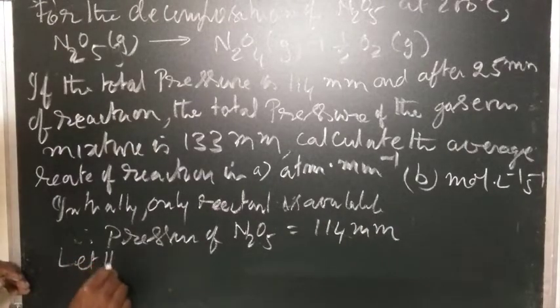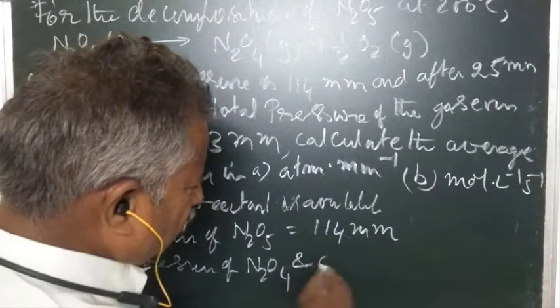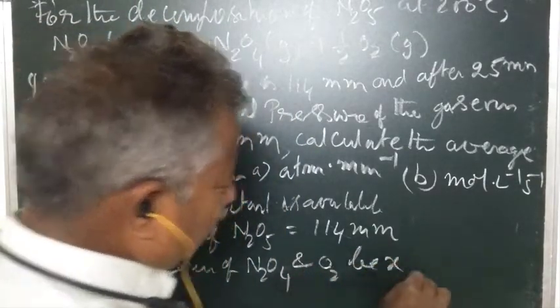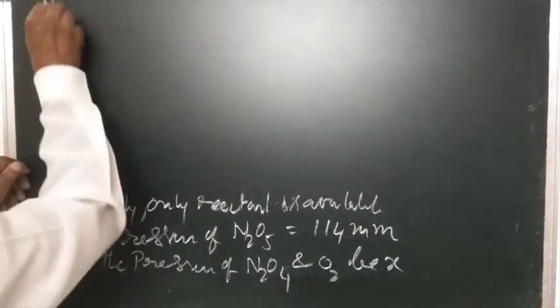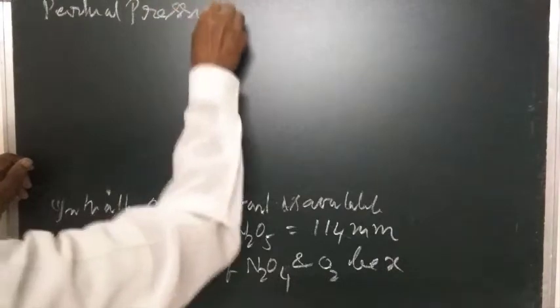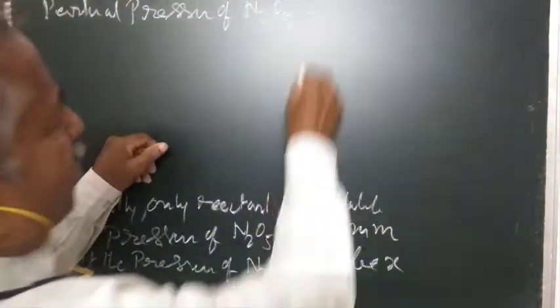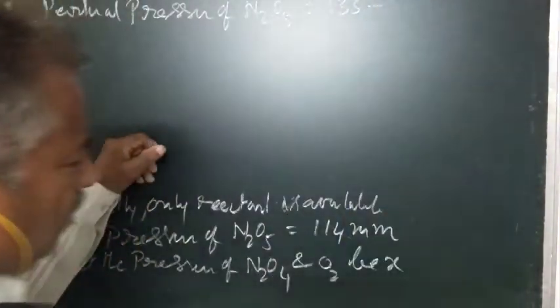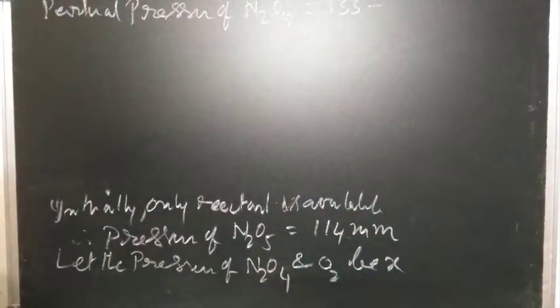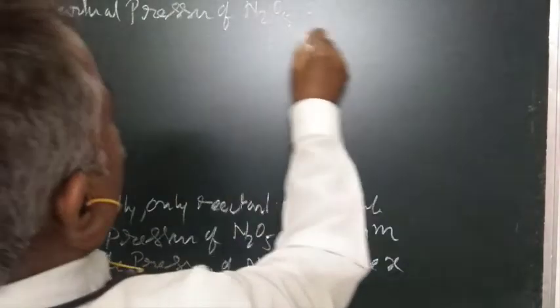Now, let the pressure of N2O4 and O2 be X. Therefore, partial pressure of N2O5 equal to, total pressure is 133 minus, how much is given? This is X. So pressure of N2O5 is 114 minus X.